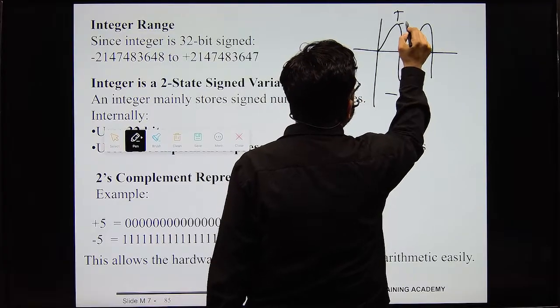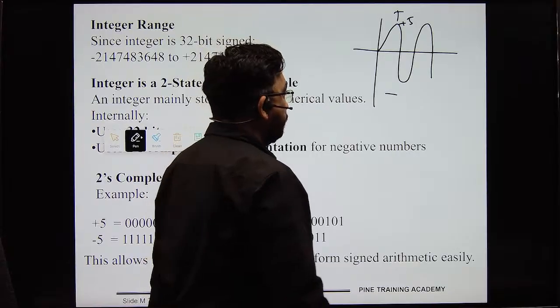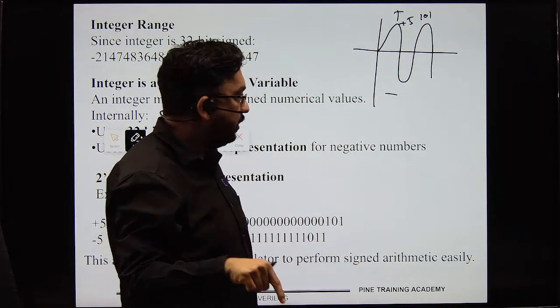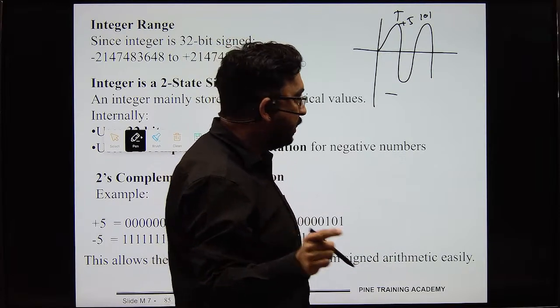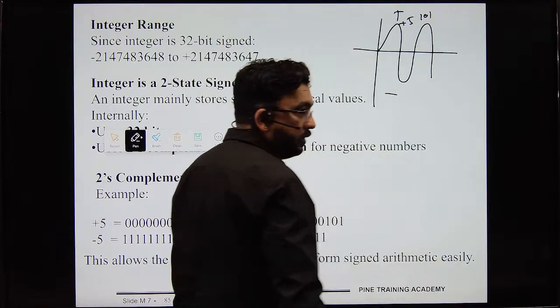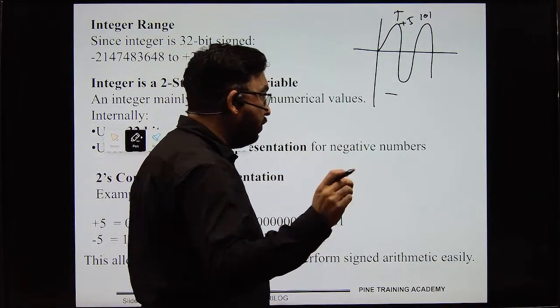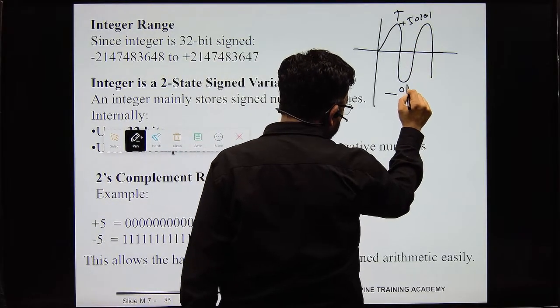Your machine reads the 5 like 101. Similarly, the machine will also read -5, but this time your value will be different. If it is in 4-bit, the value will be 0101.